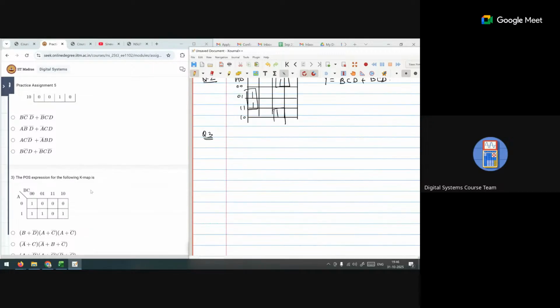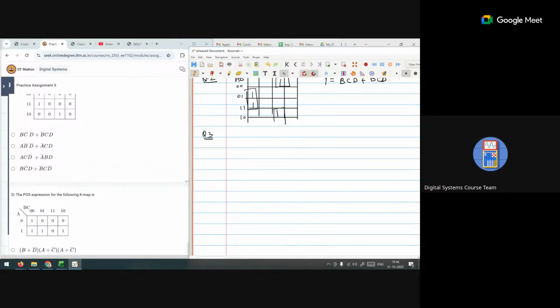Question 3. POS 1, 1, 1, 1, 0, 0, 0, 0. Okay, so POS term. So we have to create a group. One group is this one, one group is this one, and one group is this one.